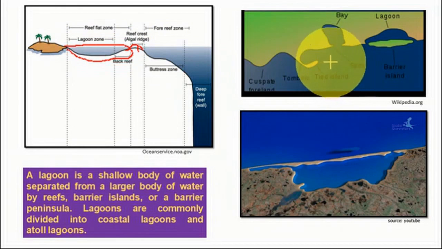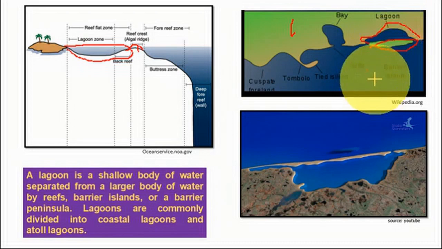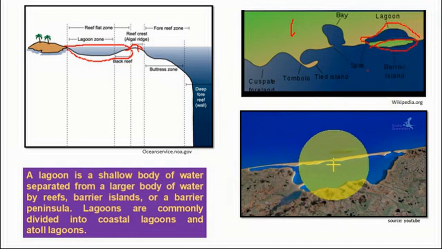Similarly, if you see here, this is the water body and this is the landmass, and this water body is formed from the main water body, and this barrier island is there. So this is a lagoon that is separated from the main water body by a barrier island. Here you can see another example.